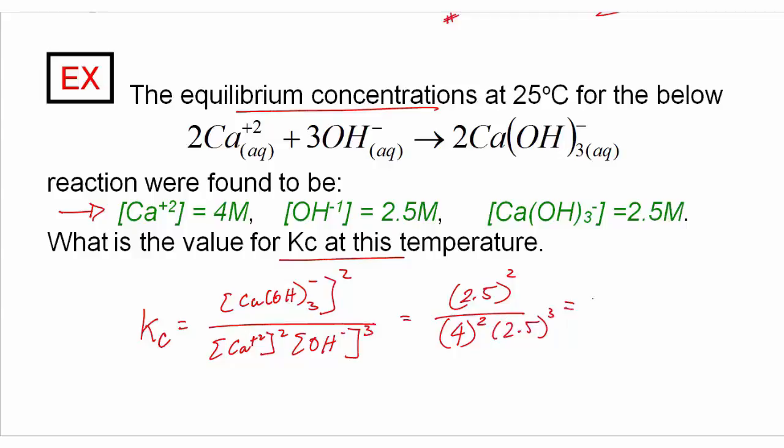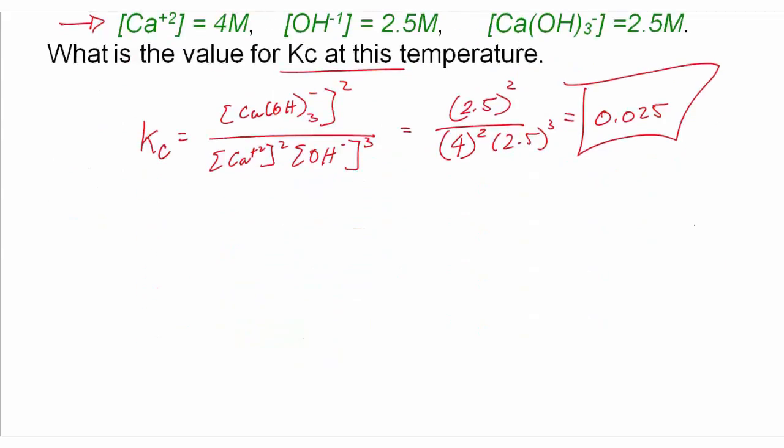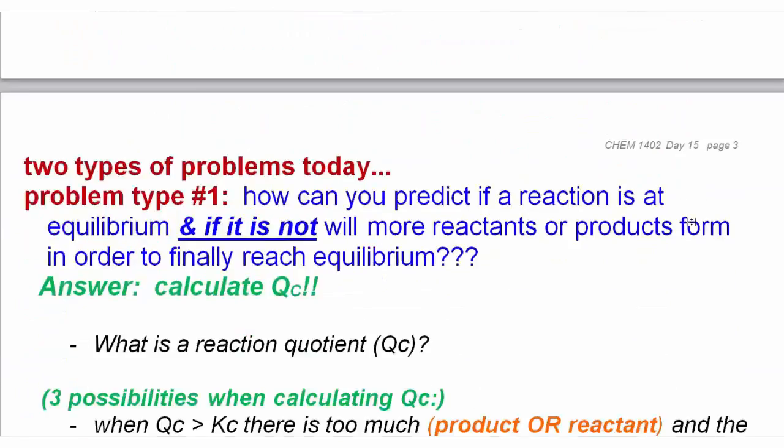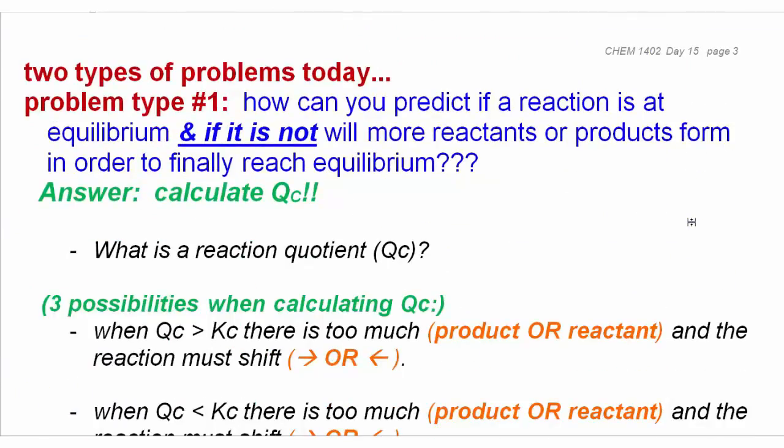So 2.5 squared divided by 4 squared divided by 2.5 cubed equals about 0.025. And no units on equilibrium constants. That's a job for more advanced courses to see why.